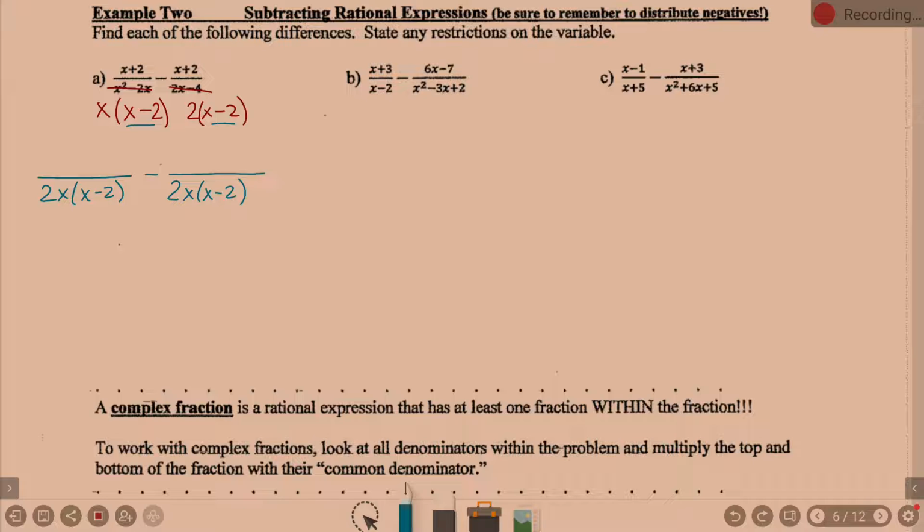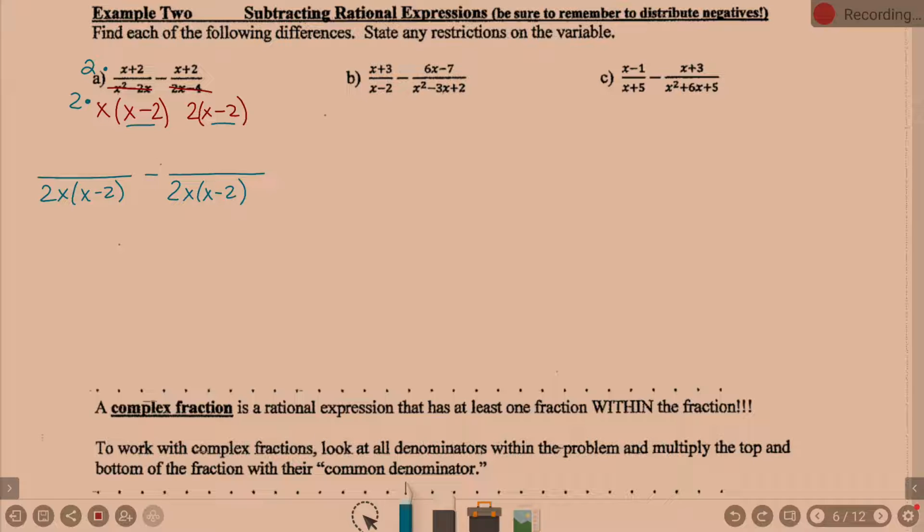Okay. Ready? As we look at my first fraction, my original denominator was x minus 2. My common denominator is 2x times x minus 2. What is my first fraction missing in the denominator? A 2, yes? So in order to get the common denominator, I have to multiply my denominator by 2. If I multiply the bottom by 2, you have to multiply the top by 2.